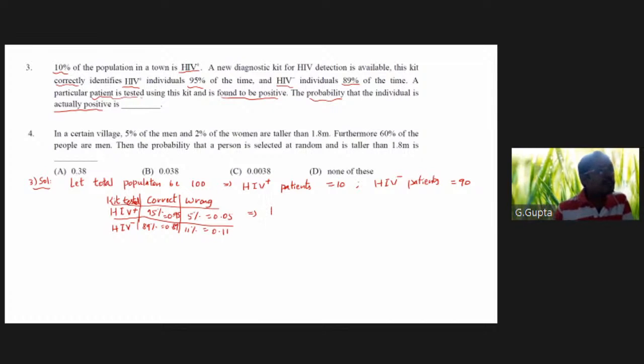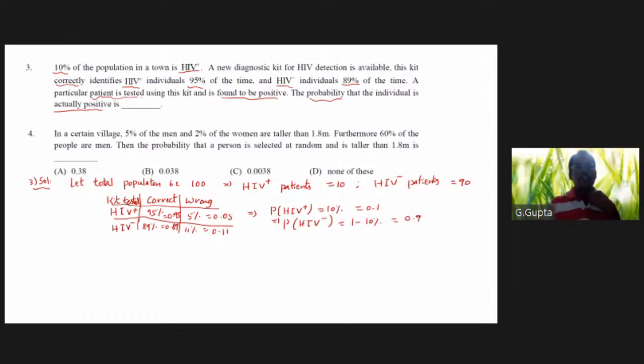So from this, probability of HIV plus: 10% of the population in a town is HIV plus is given, 10%, that is 0.1. This implies the probability of the remaining, HIV minus, population having negative HIV is 90%, 1 minus 10%, that is 0.9.